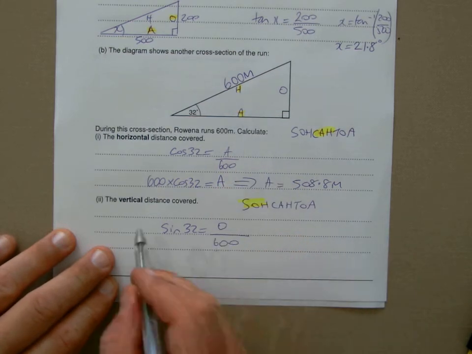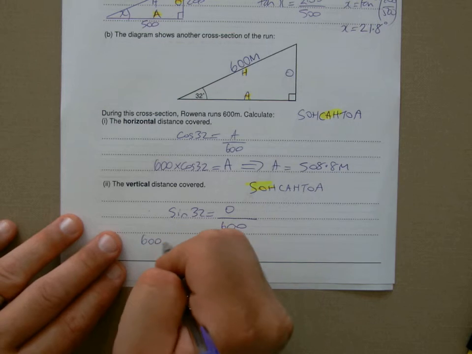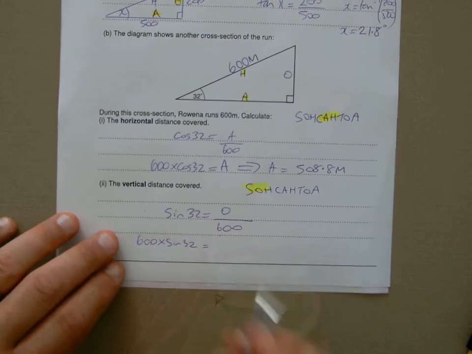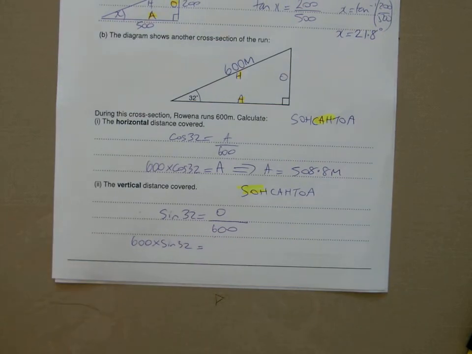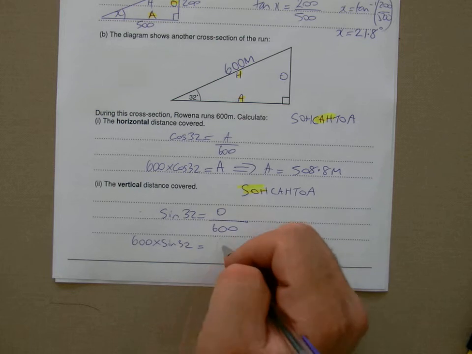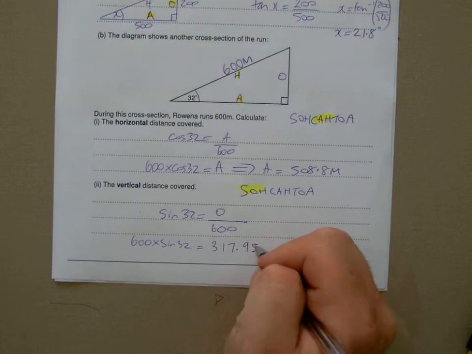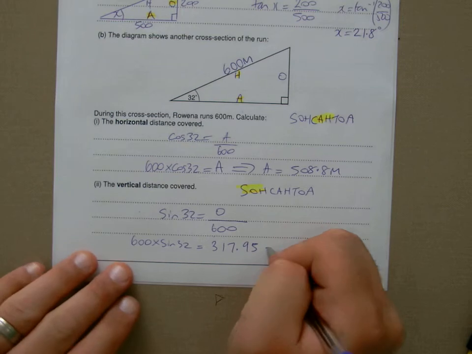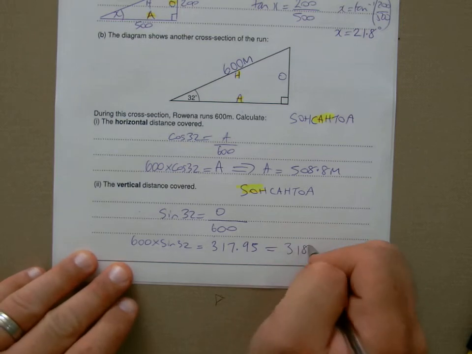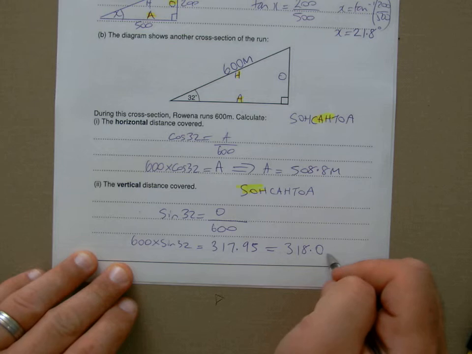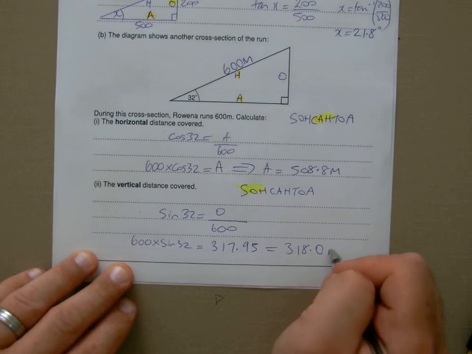So this time I take the 600 up, and I get 600 times sine 32, and that comes out to be 317.95. Okay, so if I wanted that to be one decimal place, that would be 318.0, wouldn't it? Meters.